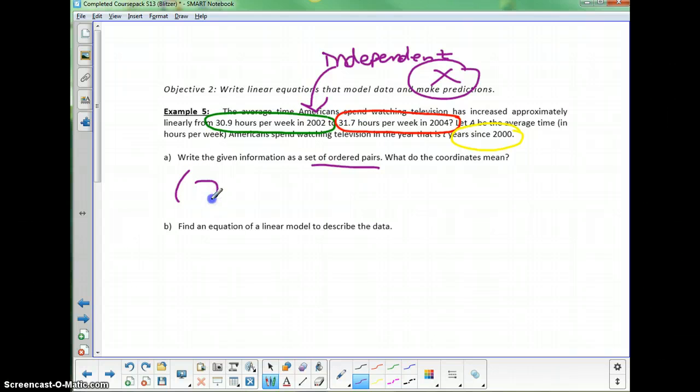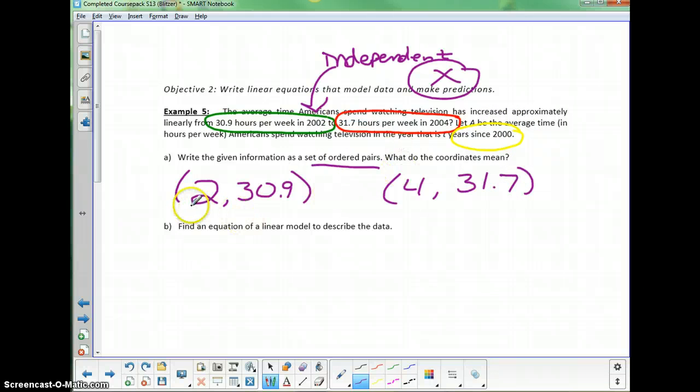I can just put a 2 right there because it's been 2 years since my starting year. So this ordered pair is going to be 2, 30.9. The next ordered pair then would be 4, 31.7.